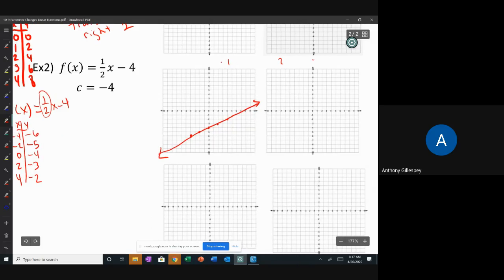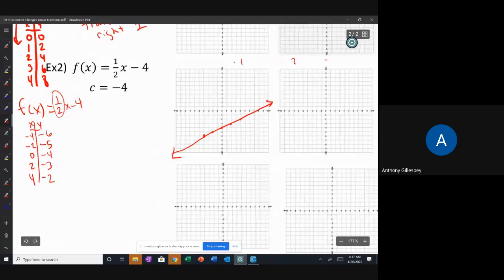All right, let's graph it again since we're going to use it twice. -4 is -6. And then it's up 1 over 2, up 1 over 2, up 1 over 2. All right, so there's my graph, right?